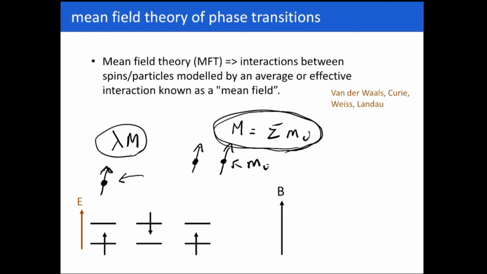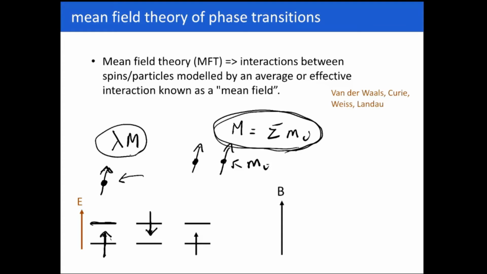So if we look at a particular site, then if there's a mean field, it will mean that the different possible states on a particular site will have different energies, and I've illustrated this here. So if we have a field like this, then the up spin state here might have a lower energy than the down spin state. Okay.